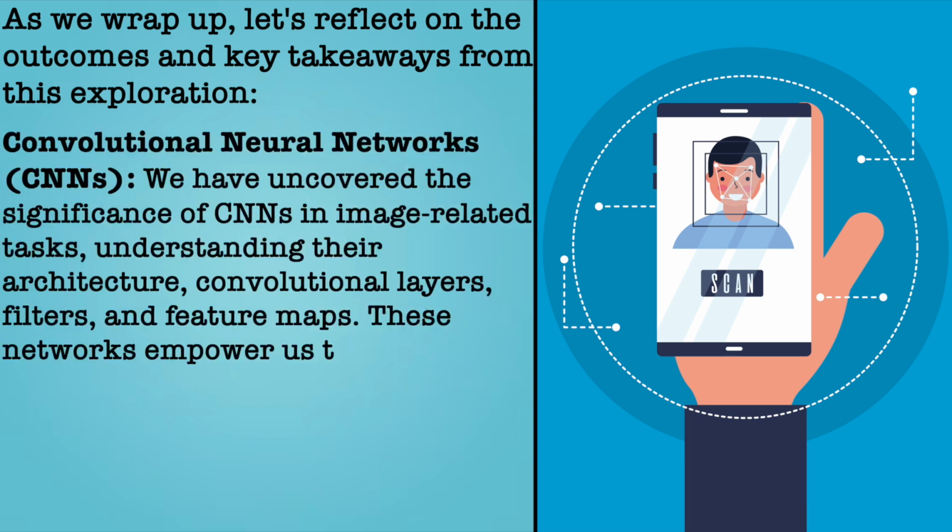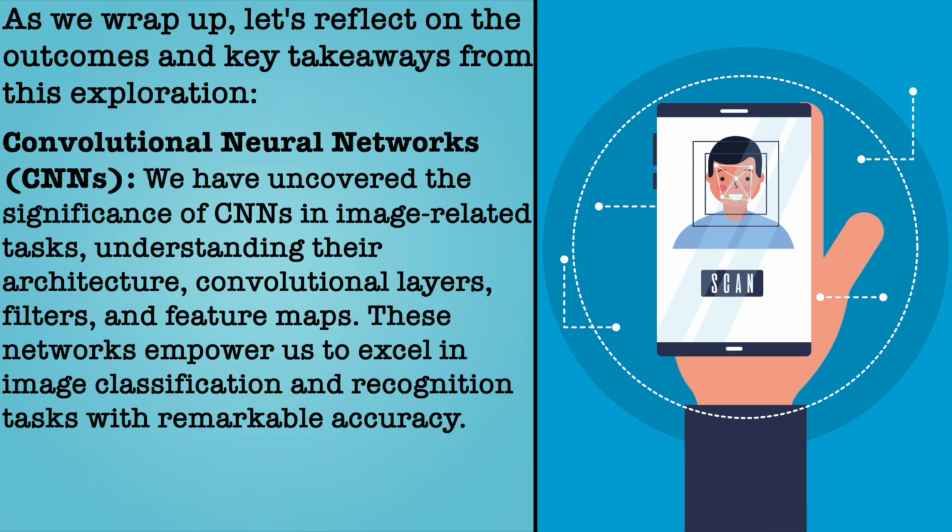Next is convolutional neural networks. We have uncovered the significance of CNN in image related tasks, understanding their architecture, convolutional layers, filters and feature maps. These networks empower us to excel in image classification and recognition tasks with remarkable accuracy.